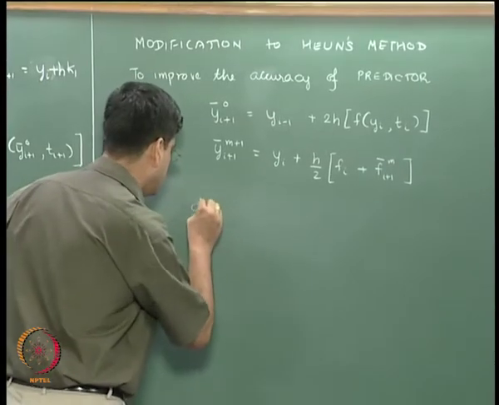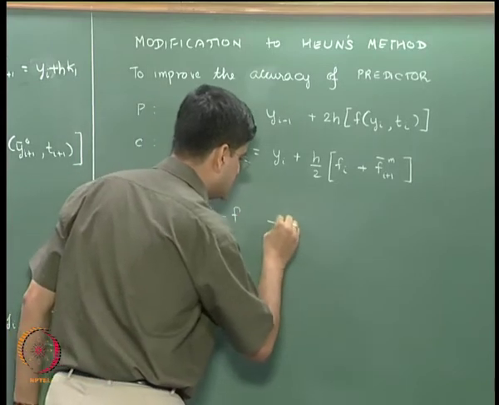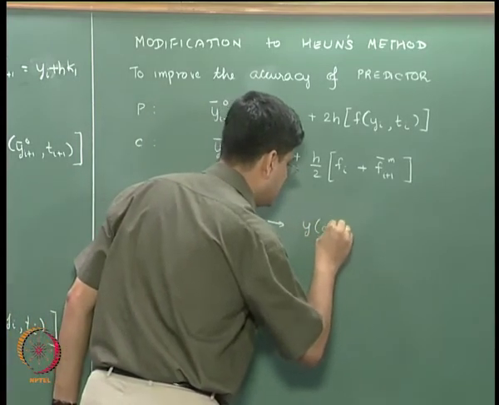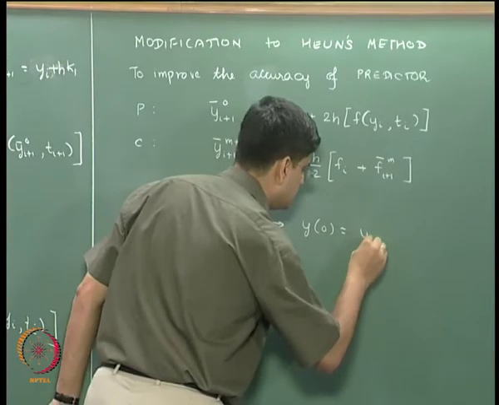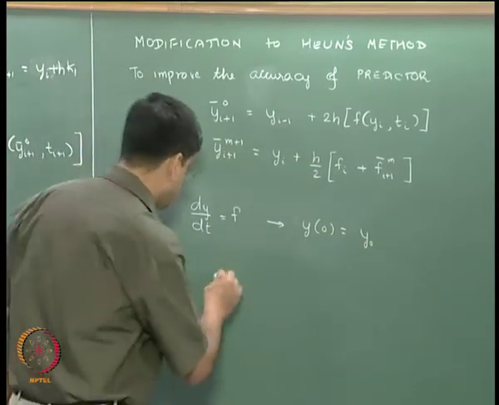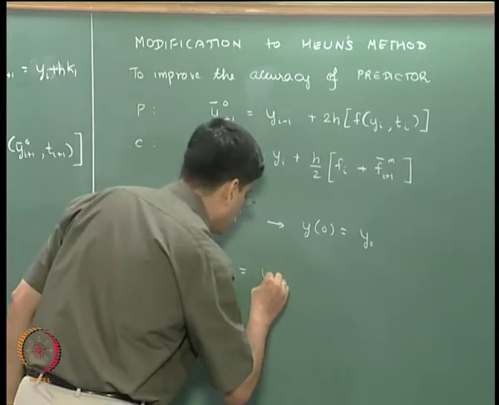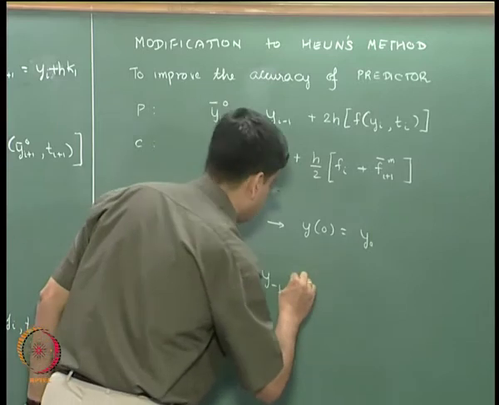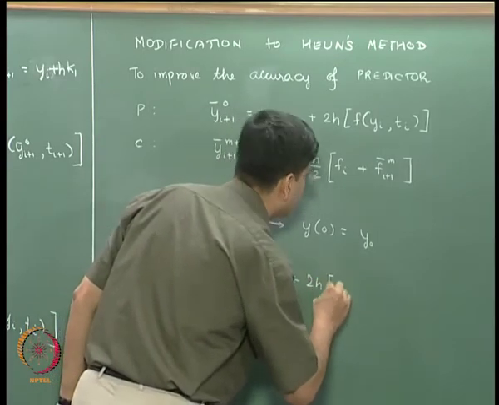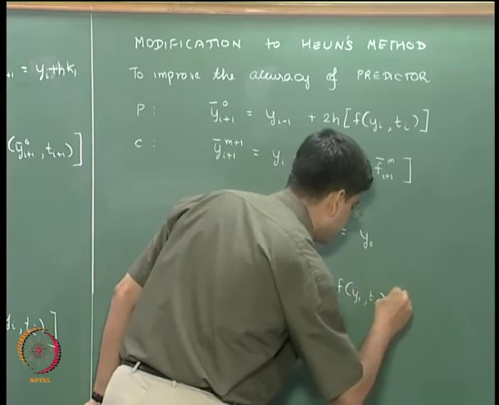So, we have the equation dy by dt equal to f subject to y at 0 equal to some y0, right. So, when I equal to 0, we are going to get y1 bar 0 equal to y minus 1 plus 2h times f of y0 comma t0.